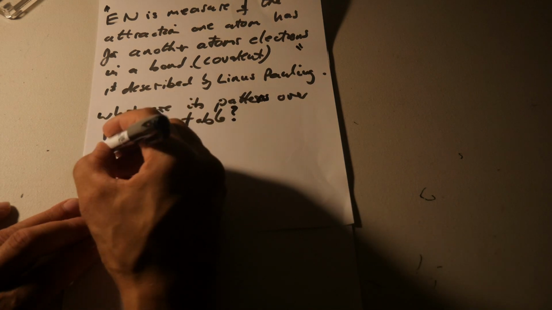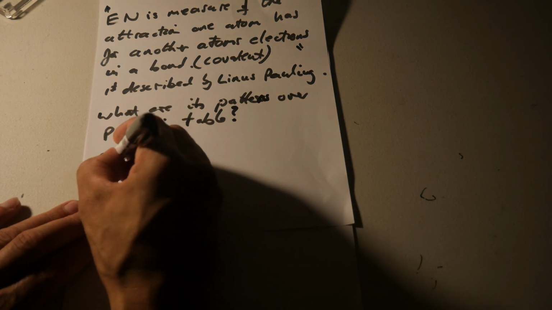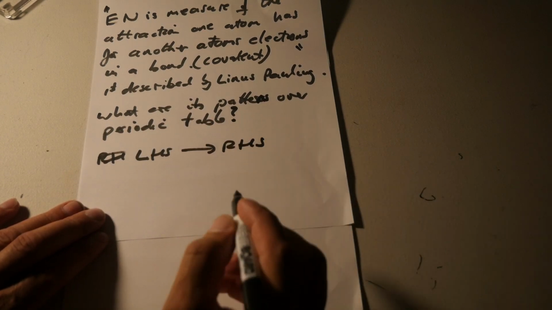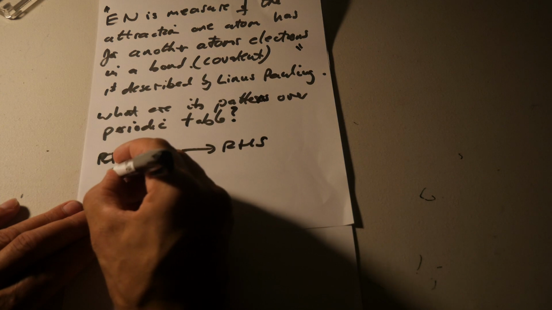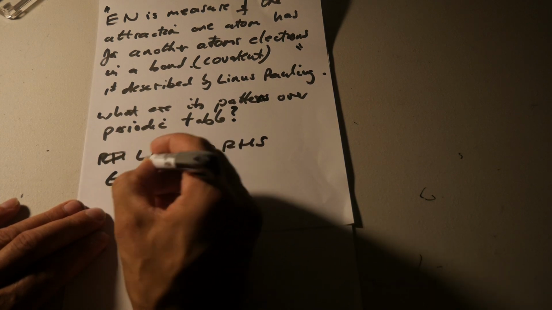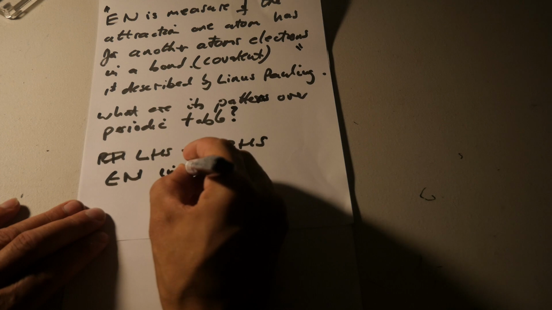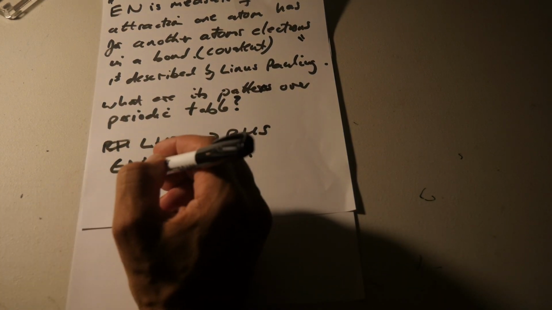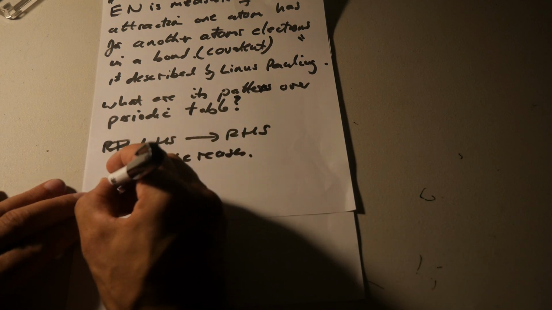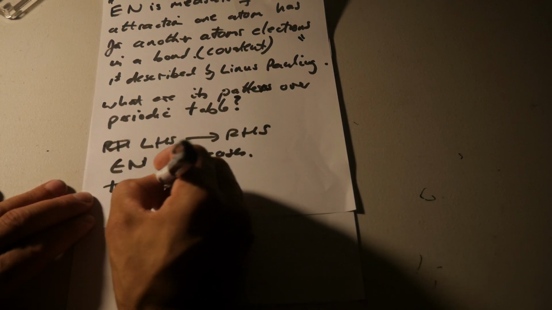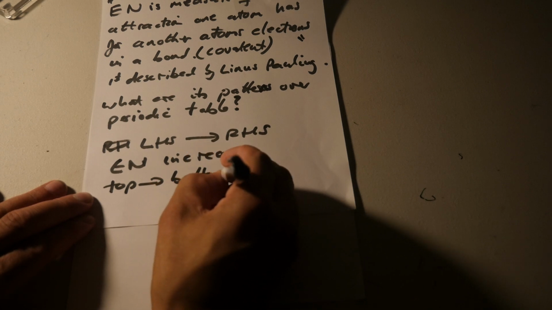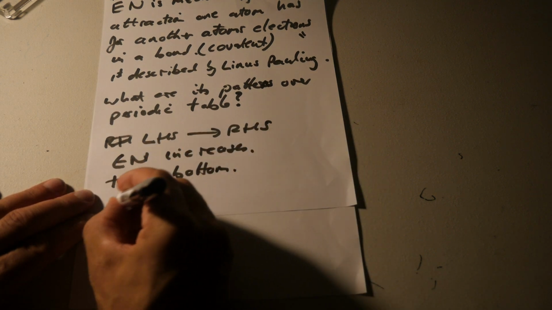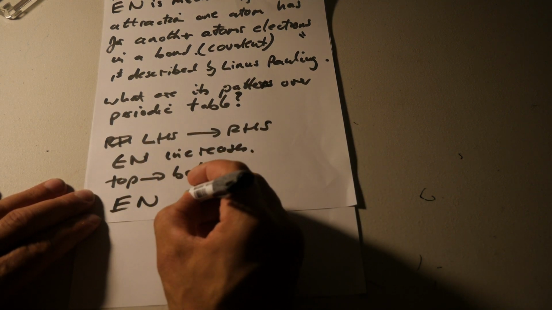So as you move going from left hand side to right hand side, electronegativity increases. And going from top to bottom, from lithium down to cesium, francium, the electronegativity decreases.